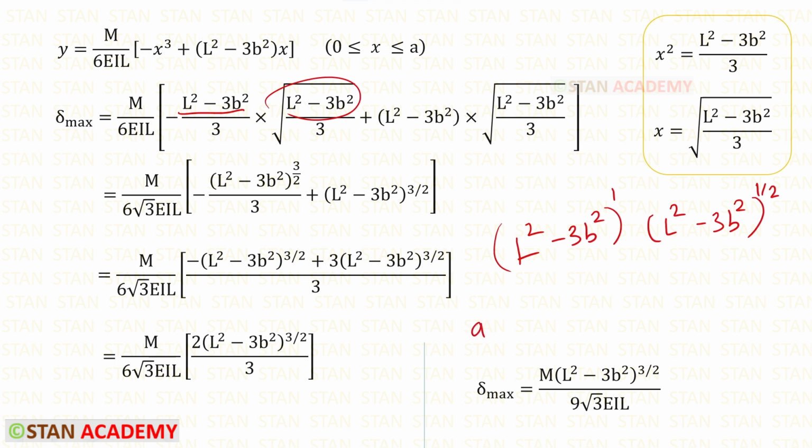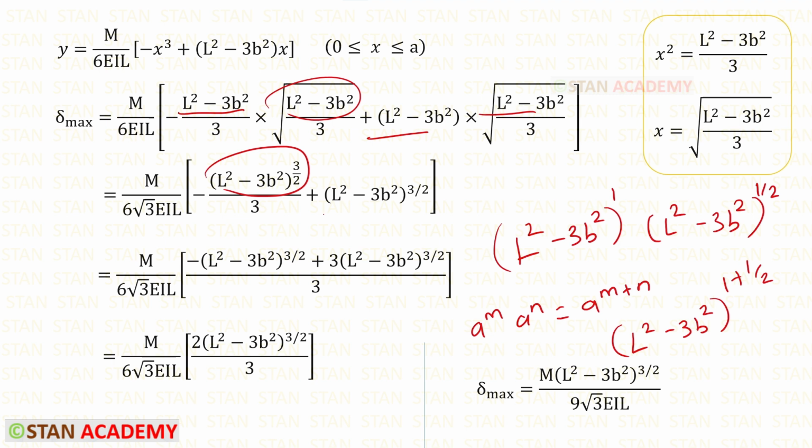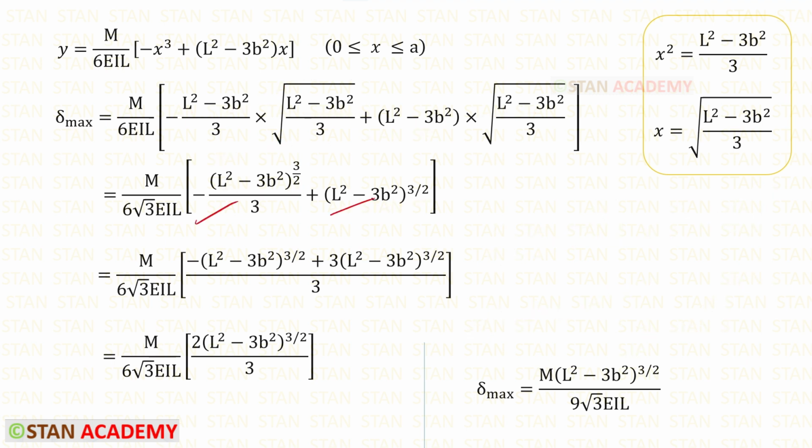We know the formula a power m into a power n is equal to a power m plus n. So (L square minus 3b square) the whole power 1 plus 1 by 2. We will get this. In the same way for these two terms we will get this. For these two terms we can take LCM. 3 minus 1 it will be 2. We can eliminate 2. Here it will be 3. So for the maximum deflection we will get this expression.